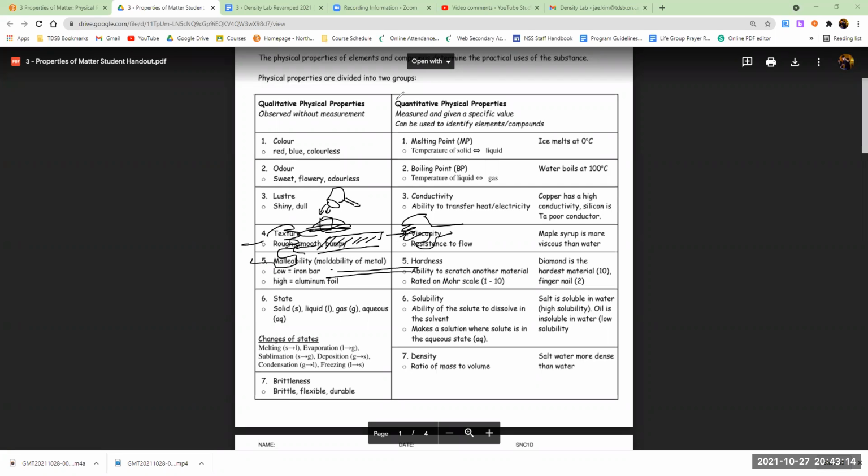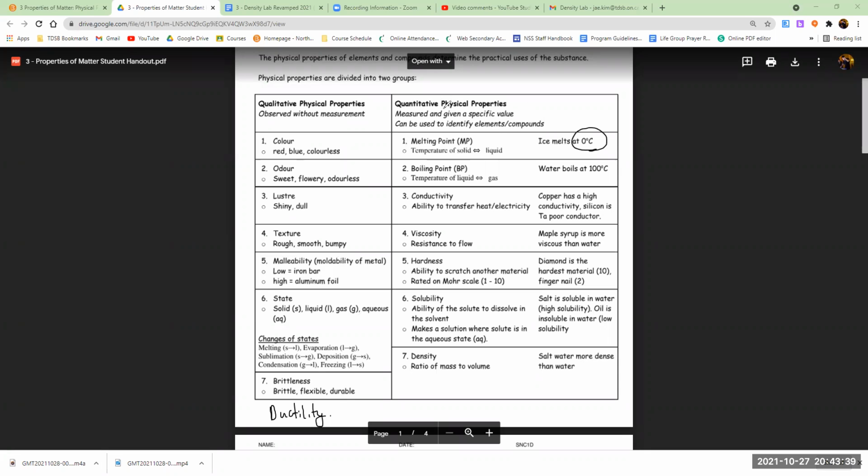The main way to describe it is, can I stretch it out into wires? That would describe ductility. If I cannot, well, it's not very ductile. Just because you're malleable doesn't mean you are ductile. And just because you are ductile does not mean you are malleable. They are two very different things. So please be careful.